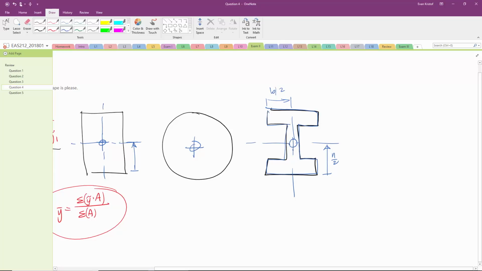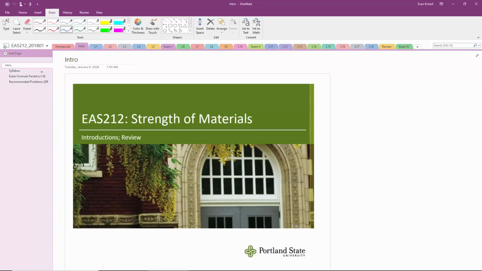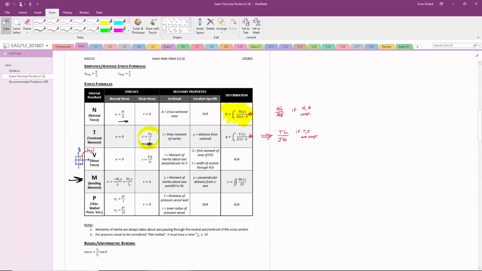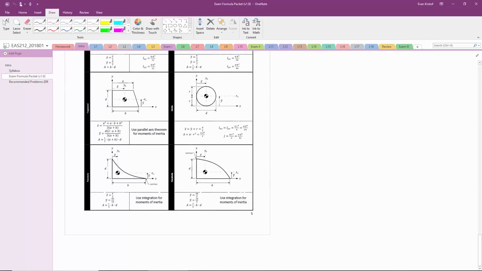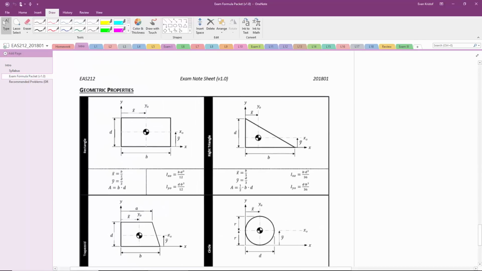There are plenty of shortcuts, and keep in mind that your exam formula packet here shows you the location of the centroid for most common shapes. So that's a good resource in that regard as well.